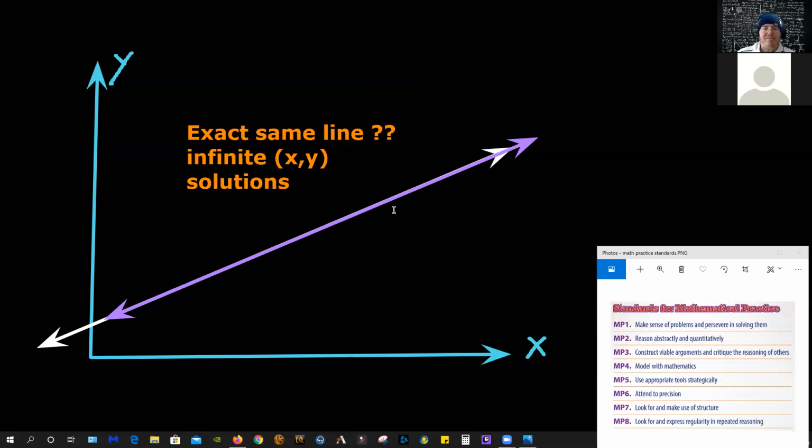And that means they've got an infinite number of xy solutions that are the exact same. They cross an infinite number of times because every single x value and every single y value match up. So those are the visual images of what we're trying to prove here.